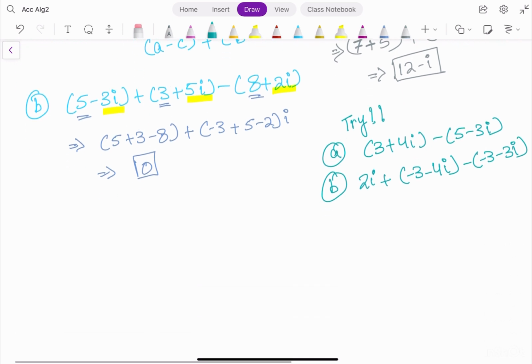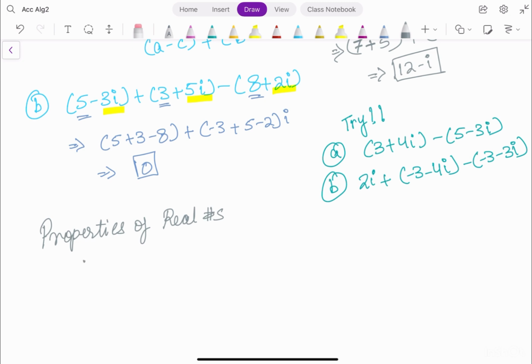Okay. Let's move forward. Now let's talk about properties. So properties of real numbers are also valid for complex numbers.